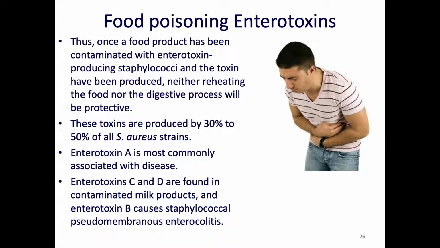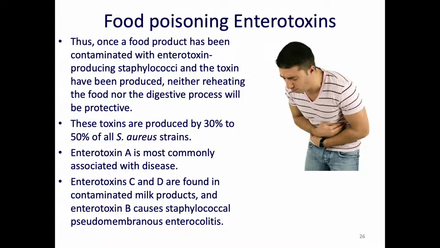So reheating is not effective. These toxins are produced by 30 to 50% of Staphylococcus aureus strains. Exfoliative toxin is produced by 5–10% of the strains. Enterotoxin A is most commonly associated with this disease, and enterotoxin C and D are found in contaminated milk products.